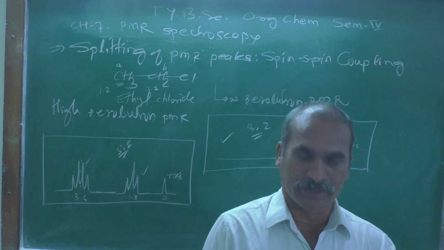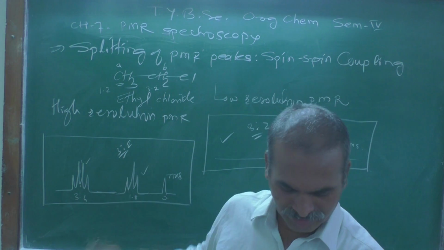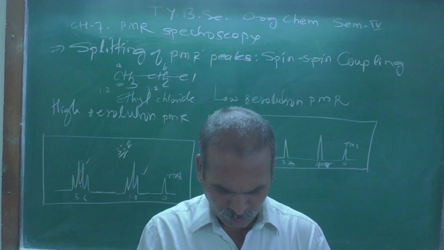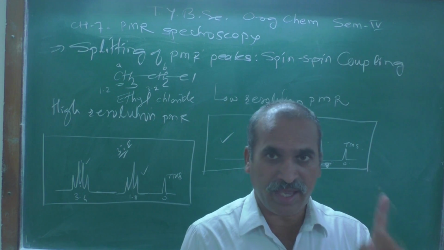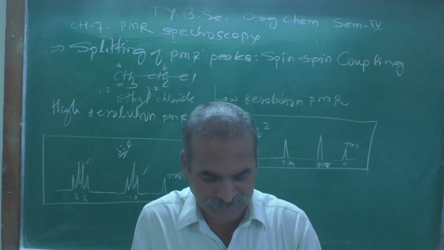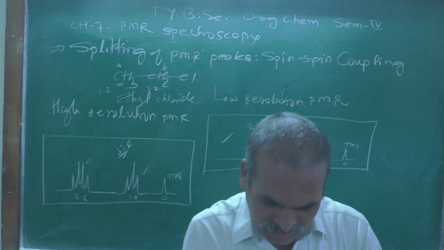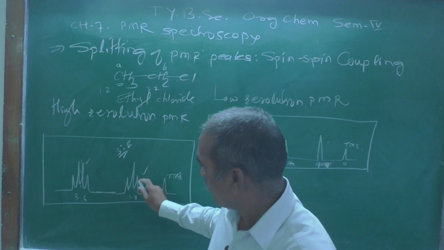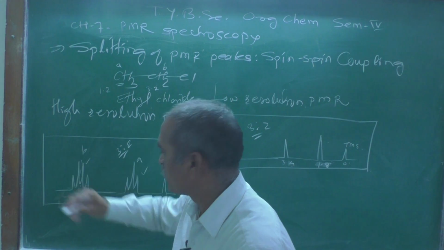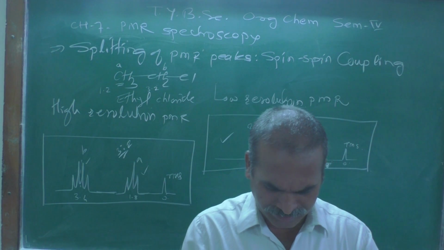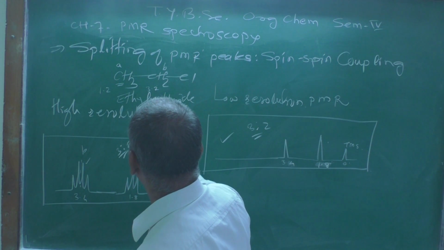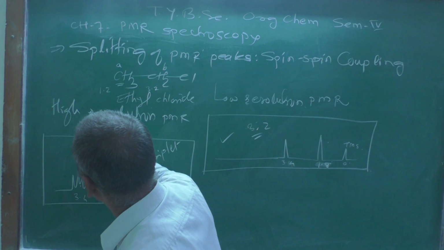When we look at the high resolution of the same compound, we find that peak A and B split into a number of smaller peaks. Peak A is split into a triplet, and peak B is split into a quartet.